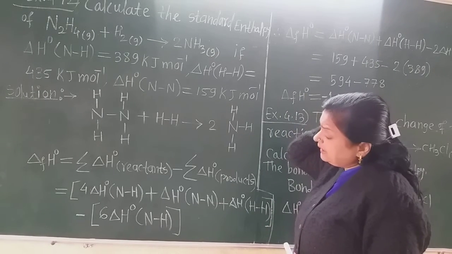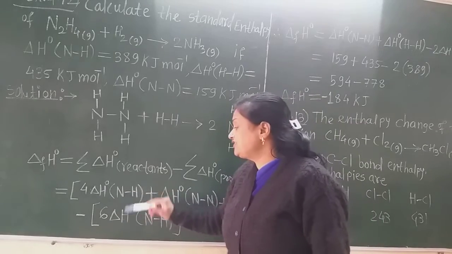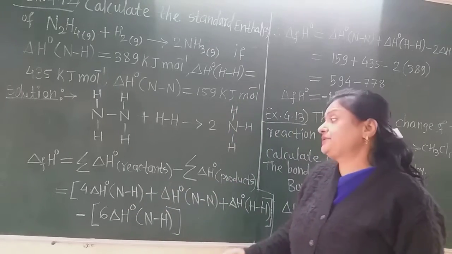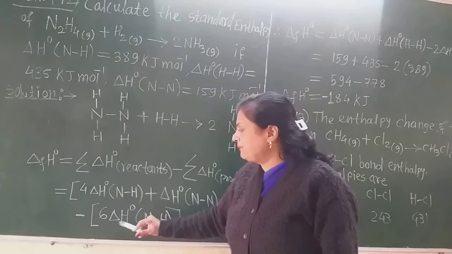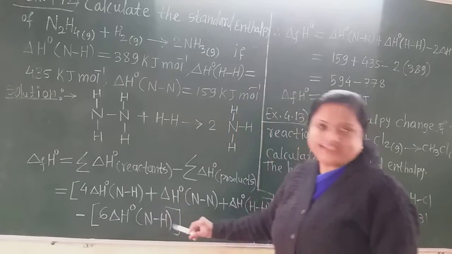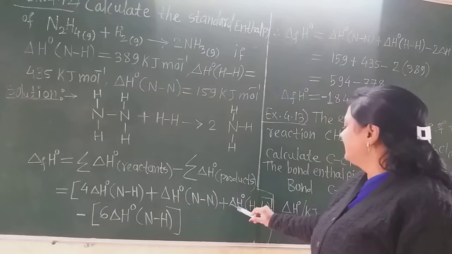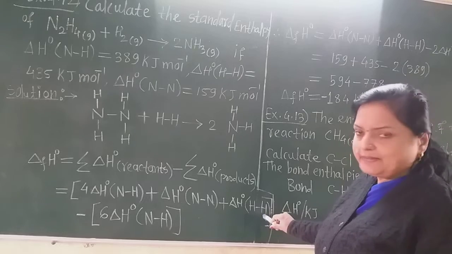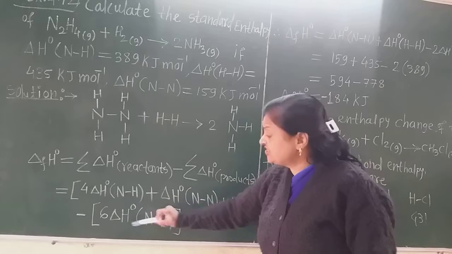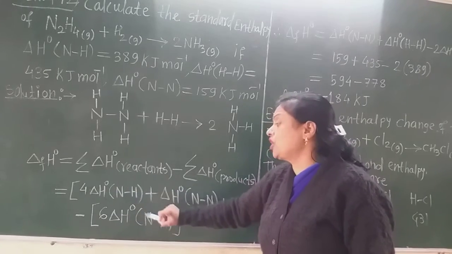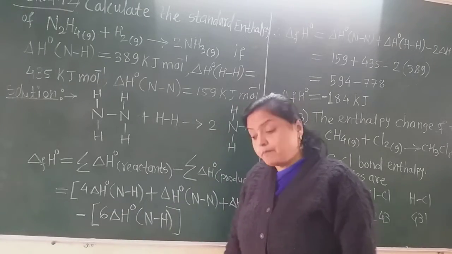Now here if you see clearly, there are the 4 N-H and 6 N-H. The N-N remains as it is, and by subtracting these 6 N-H bonds from the 4 N-H bonds, remaining will be minus 2 N-H bonds, because here is the minus sign.